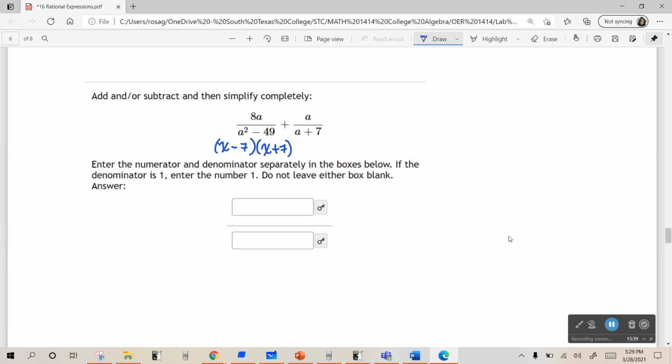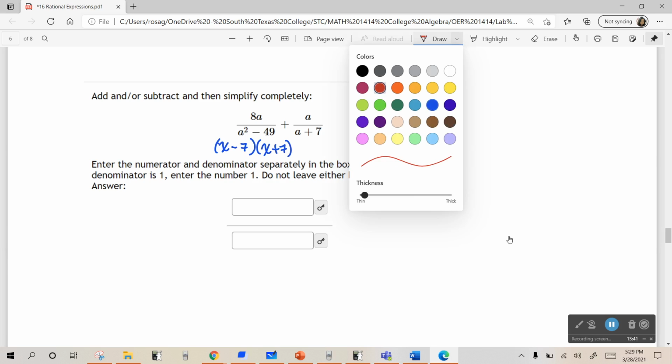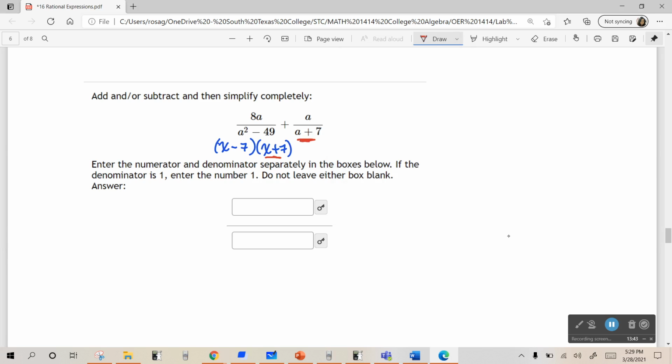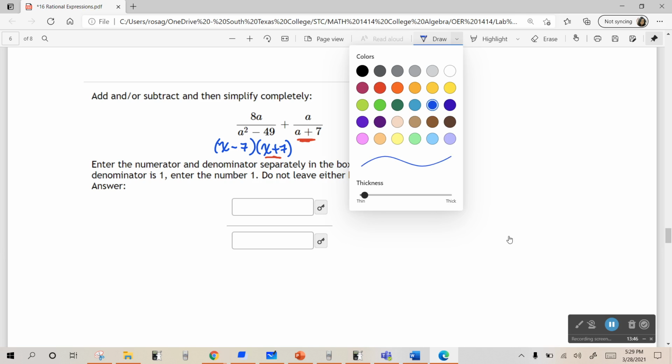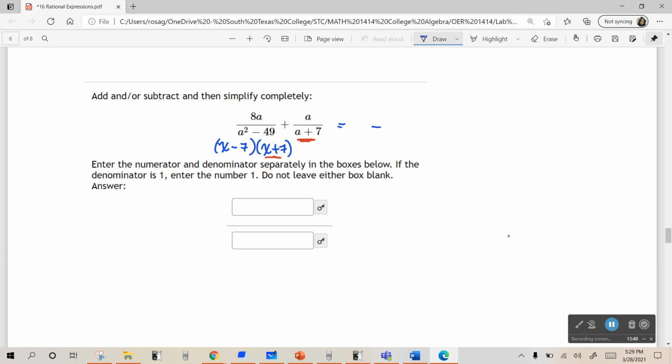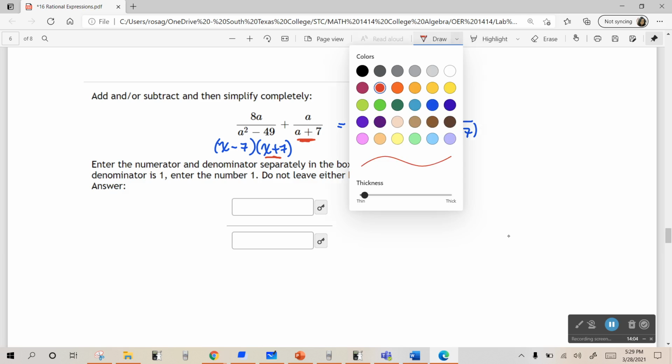Now, when it comes to common denominators, you can see here that they both have the x plus 7. So the common denominator for this problem is going to be just these two. And the first one already has everything, so I'm just going to copy it as it is. And the second one, it's missing the x minus 7.